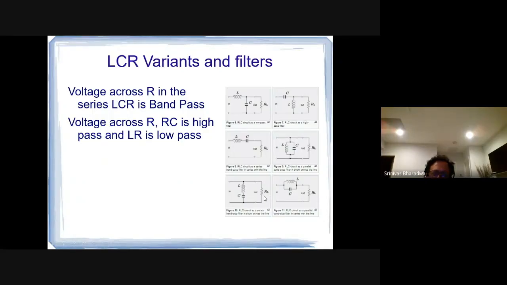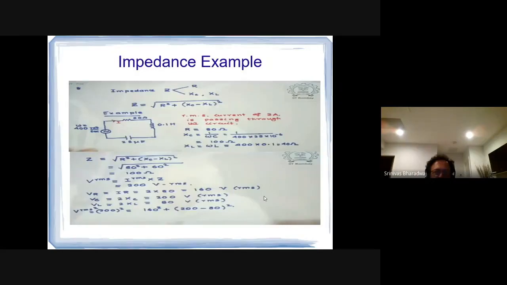Okay, and because this is a little bit tricky business, I thought I will continue with this next class. Although we are a little bit early in completion, maybe I'll go over this example instead of going to the details of the various types of filters.